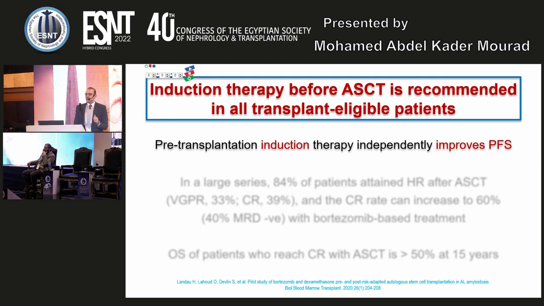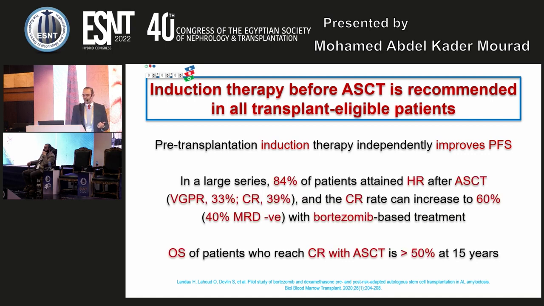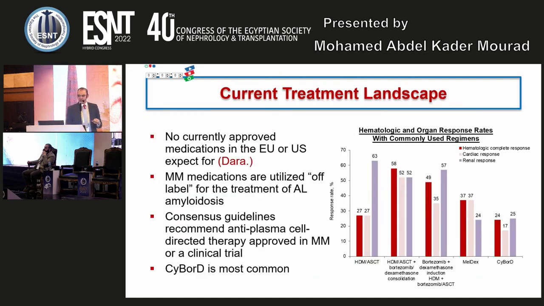As we see here, pre-transplant induction independently improves progression-free survival. In a large series, 84% of patients attained hematological response after autologous stem cell transplant, and MRD negativity was 40% in patients receiving bortezomib before the transplant. So we should go for induction before we transplant our patients.